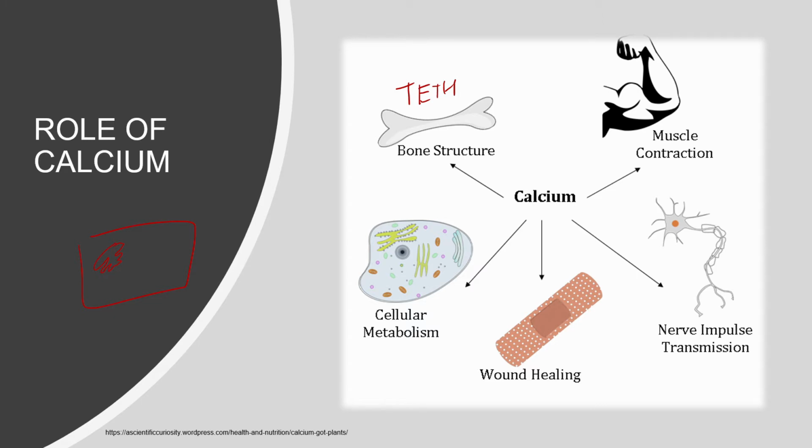Also, it is very important for the normal functioning of the heart. It is responsible for its contraction, as I've told you, muscle contraction, right? And in order for the myocardium to release calcium ions from the sarcoplasmic reticulum, it requires extracellular calcium.